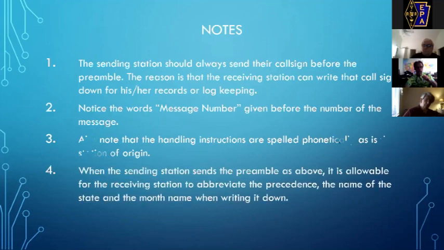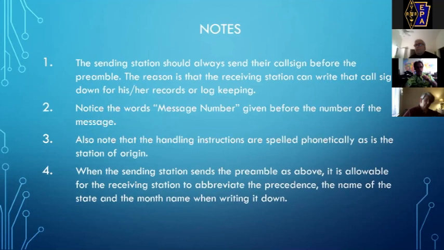When the sending station sends the preamble as above, it's allowable for the receiving station to abbreviate the precedence. You're going to say routine, but it's okay to write down R. The name of the state, if I say Pennsylvania, it's okay to write Papa Alpha, and the name of the month can be abbreviated also as you write it down.